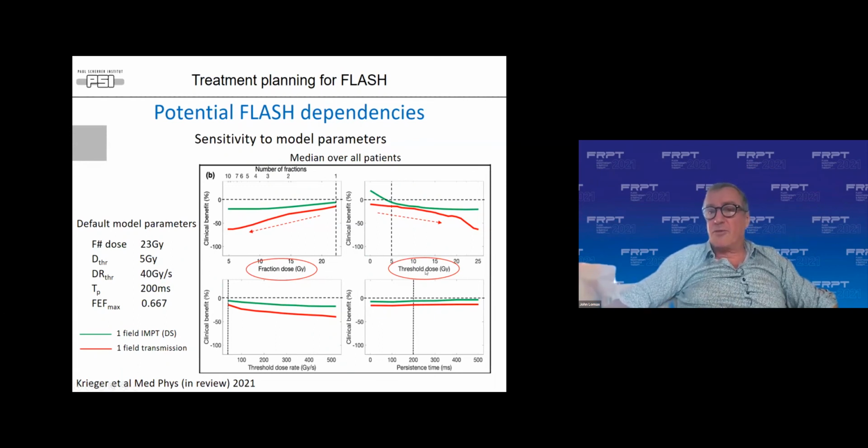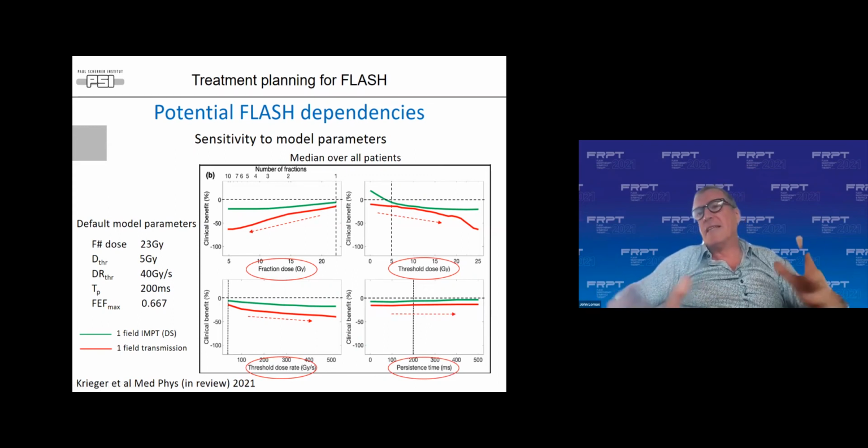If we look at the threshold dose, you can see also as the threshold dose increases, as you would expect, we get less and less flash effect. If it goes below 5, though, you can see here, at least for the PBS plan, we start getting into the positive range where flash could give us a clinical benefit over the clinical plan. Threshold dose rate, we were less sensitive on, and actually persistence time, we found virtually no variation, at least over the range of values we were looking at.